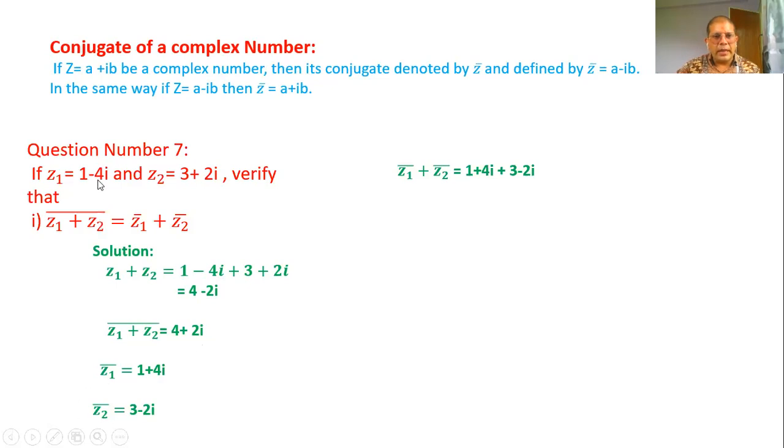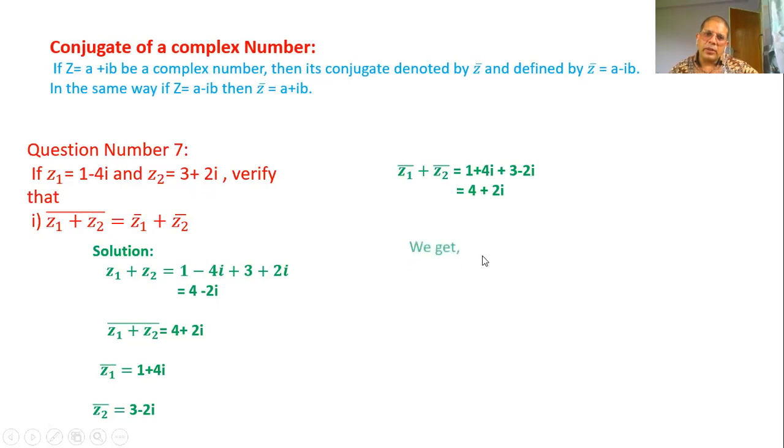z1 is 1 minus 4i. Its conjugate is 1 plus 4i. z2 is 3 plus 2i. Its conjugate is 3 minus 2i. Now add these two conjugates. That is 1 plus 4i plus 3 minus 2i. 1 plus 3 is 4, 4i minus 2i is 2i. So you got this and this result the same.